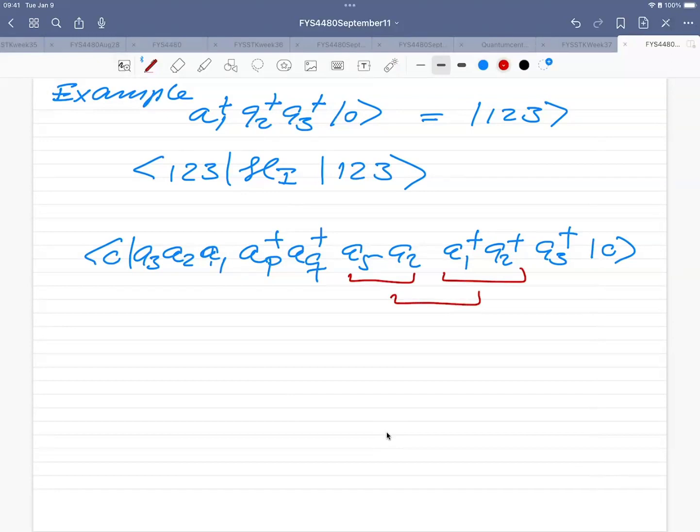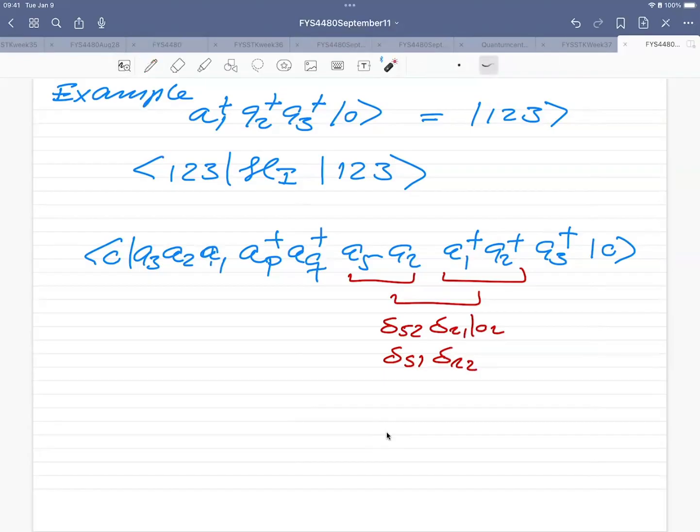It gives me delta S2 and delta R1, or if I interchange, I can get delta S1 and delta R2. That's one of the contractions I can make.